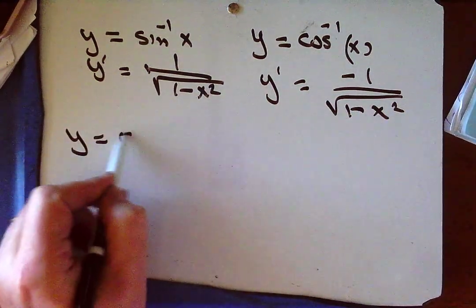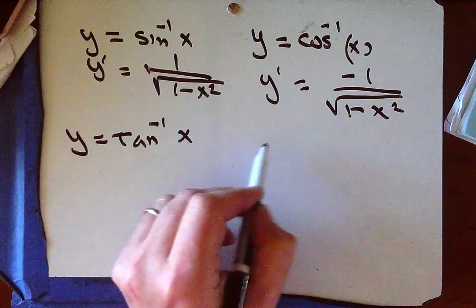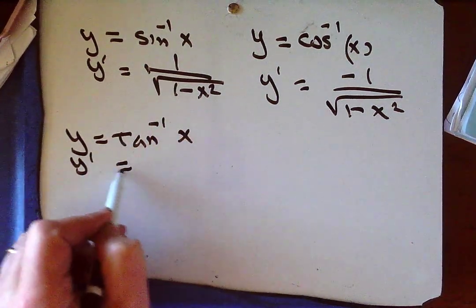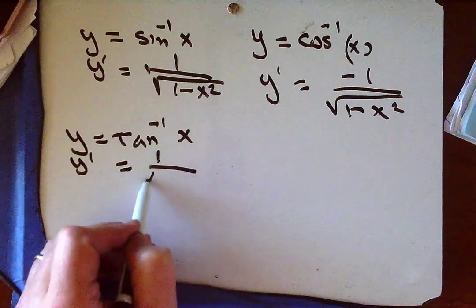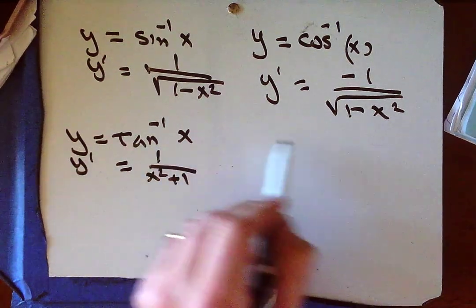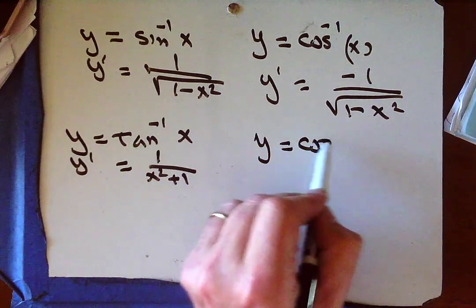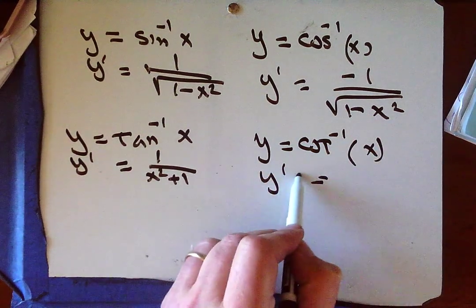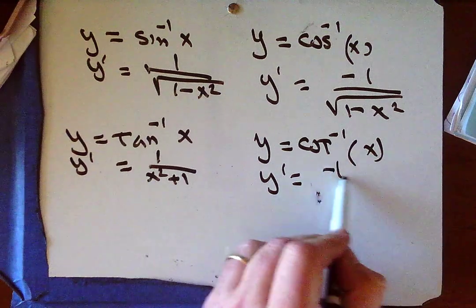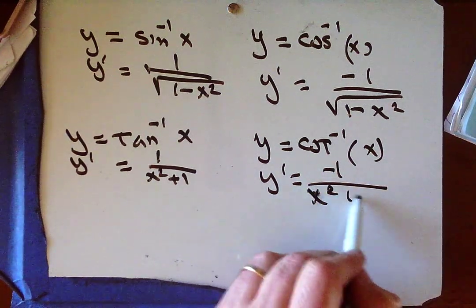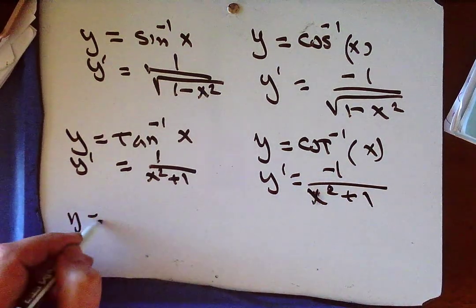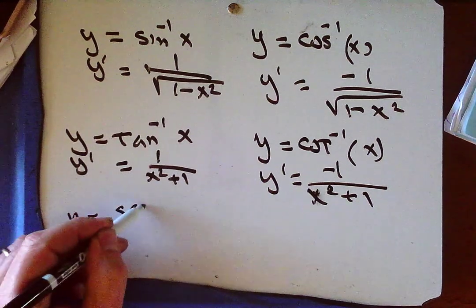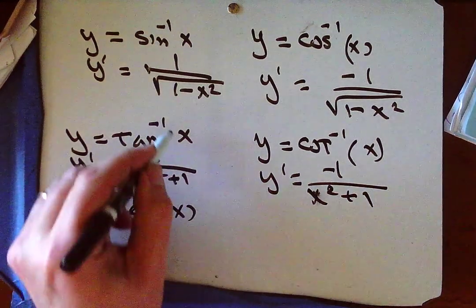And y equals tangent inverse of x, then y prime is going to be 1 over x squared plus 1. And if y equals cotangent inverse of x, then y prime is, don't forget it's a cofunction, negative 1 over x squared plus 1.